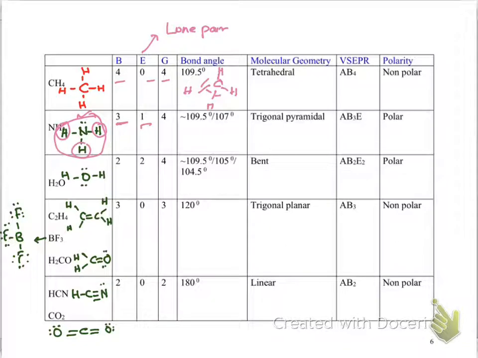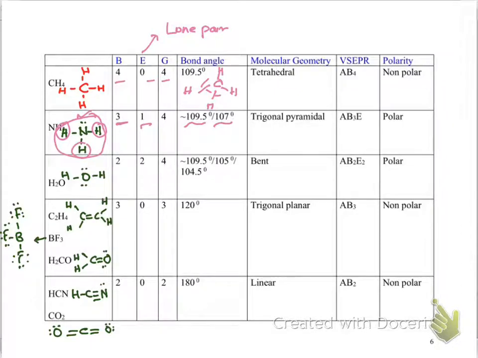So 3 plus 1 is 4. If G is 4, with B, E, G being 3, 1, 4, then the bond angle is either approximately 109.5 or exactly 107. Your homework problems will accept 107.